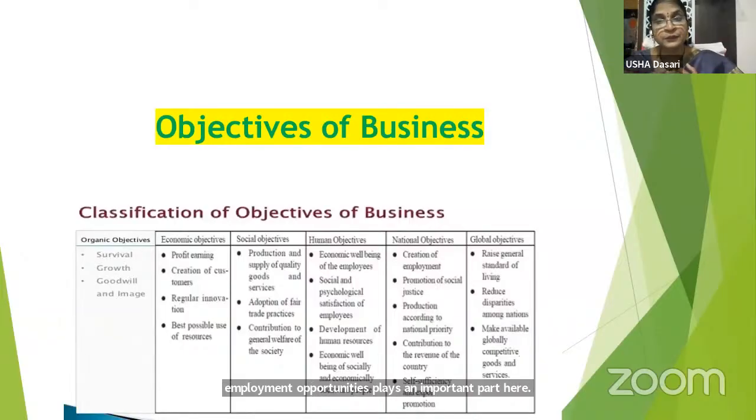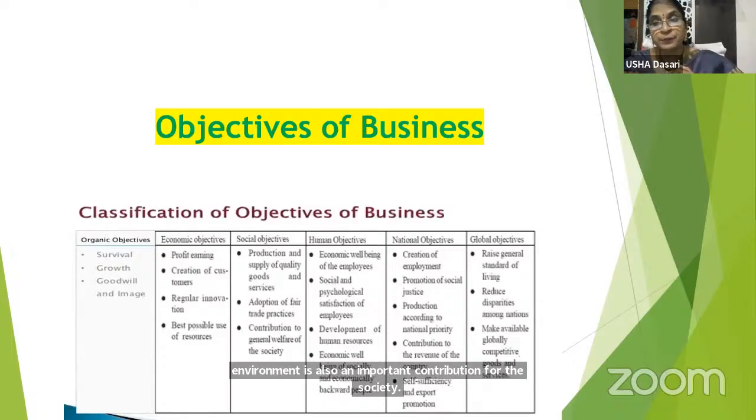Every business enterprise should create sufficient employment opportunities without any discrimination as to caste or religion, etc. In our country, India, unemployment is a serious problem, and the business community can play a dominant role in solving this problem. Lastly, protection of the environment is also an important contribution to the society.